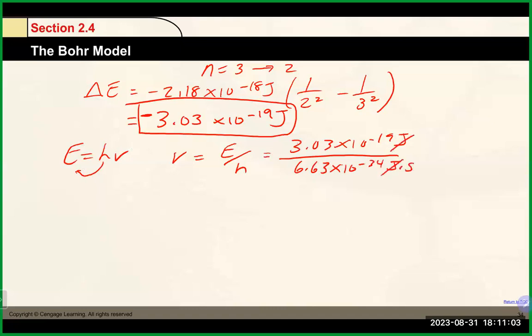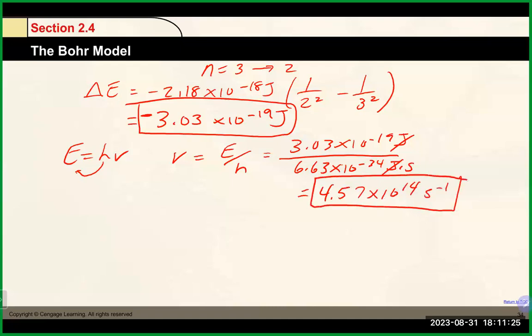Once again, the joules will cancel out, leaving us with 1 over seconds. And we will end up with 4.57 times 10 to the 14 reciprocal seconds.